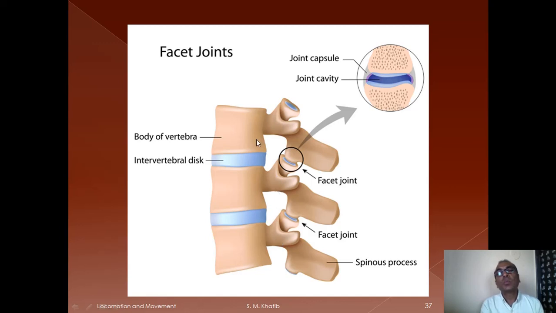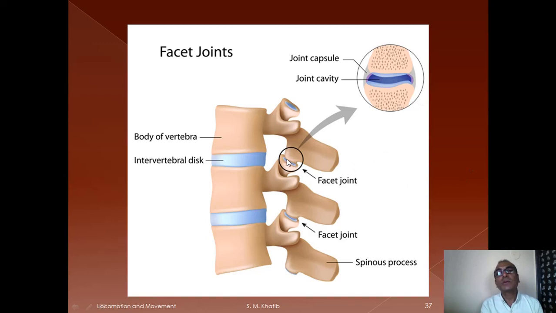And each vertebra has got the spine. These are the dorsal spines of the vertebrae, and there are processes on anterior and posterior ends. They are called zygapophysis. This is one zygapophysis, anterior zygapophysis, posterior zygapophysis, and between the posterior zygapophysis of one vertebra and anterior zygapophysis of another vertebra, there is a synovial joint.